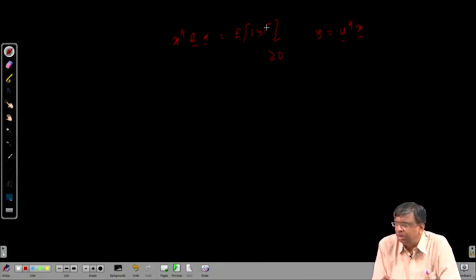So the average value can never be negative. If it is 0, that means in all experiments mod Y should be 0. Otherwise, in some experiments at least it will be non-zero, so when you average, the value will be greater than 0. So it is positive definite.